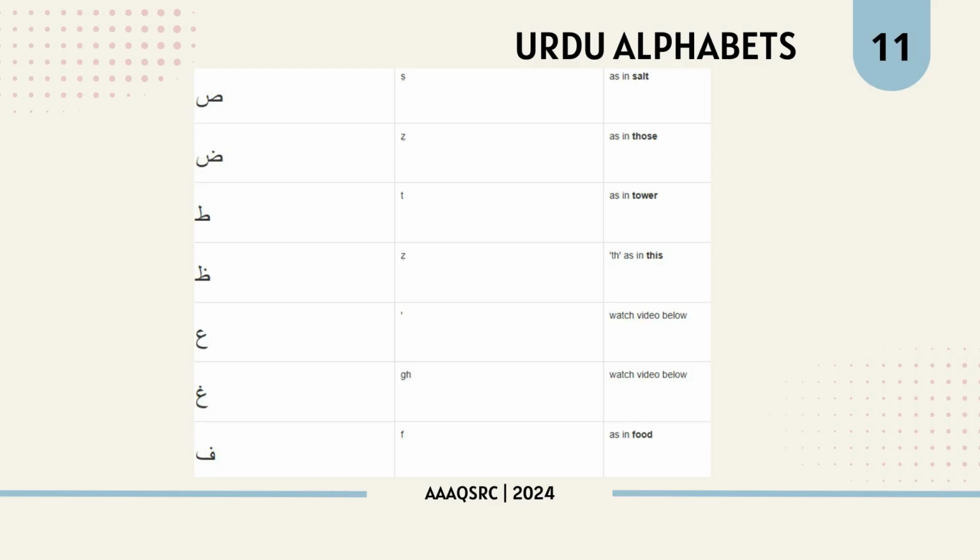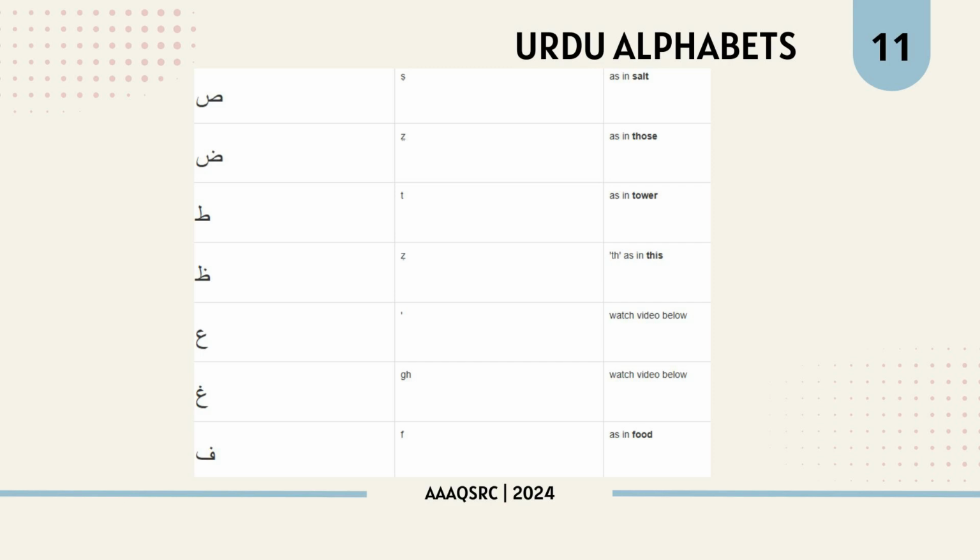Okay, it's similar to the Arabic seen sound. Then we have sheen sound. Sheen, sh sound starts from sh. It's like shine.